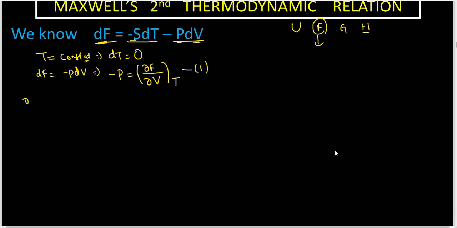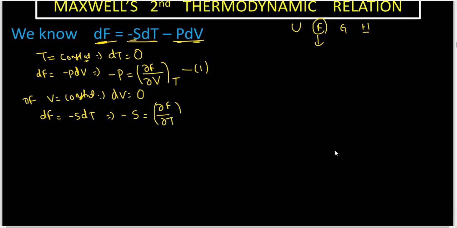Similarly, if volume V equal to constant, then dV equal to 0, then what will happen to dF? Then dF equal to minus S dT because dV part is 0. That implies minus S is equal to ∂F/∂T at constant V. This is equation number 2.